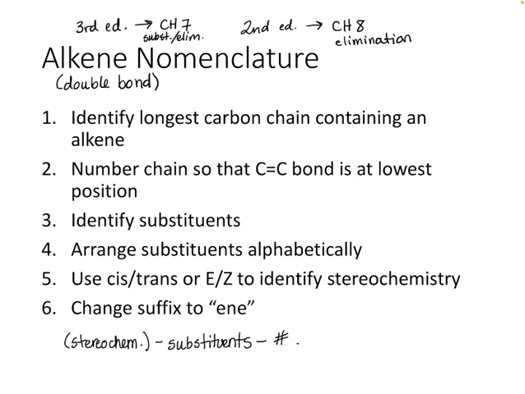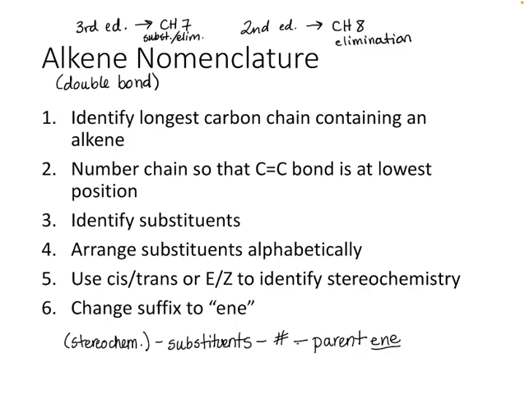I don't know quite how to say that right? I'm tongue-tied. It's getting towards the end of the quarter. And then we'll name the parent chain. So we'll just list, for instance, hex or hept or oct, depending on how long the carbon chain is that contains the double bond. And then at the very end, we're going to write -ene to indicate that we do have a double bond.